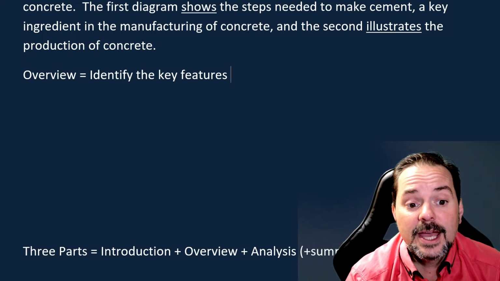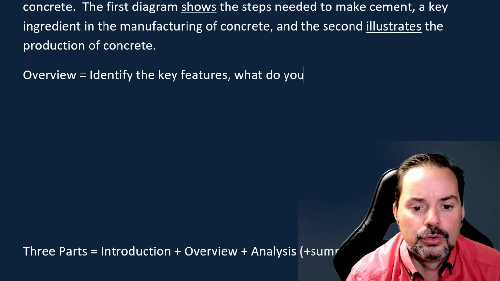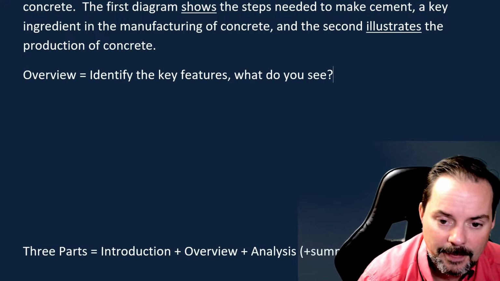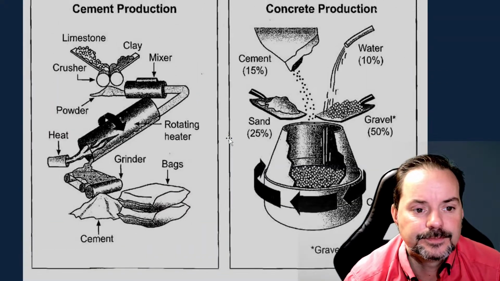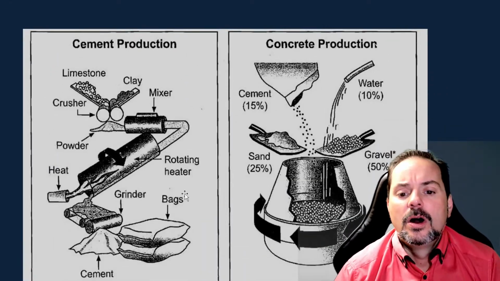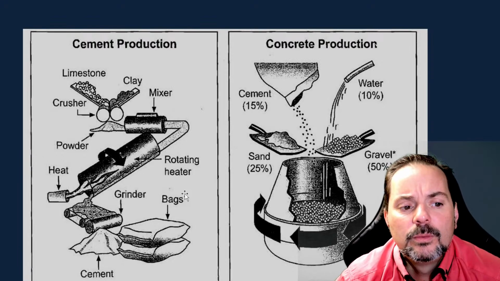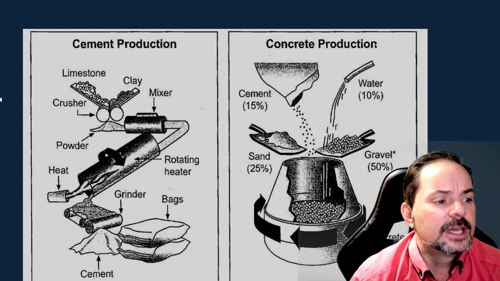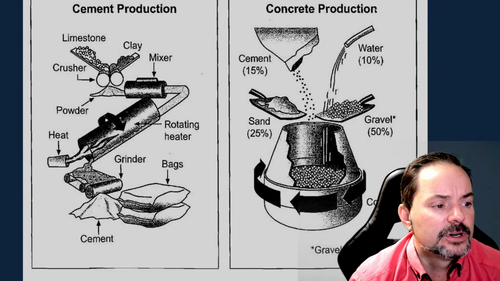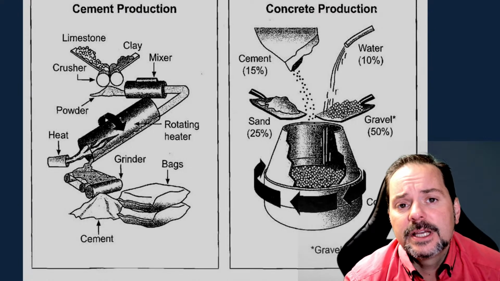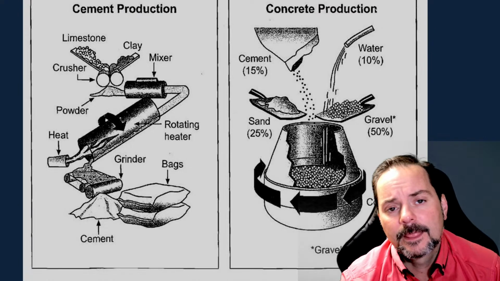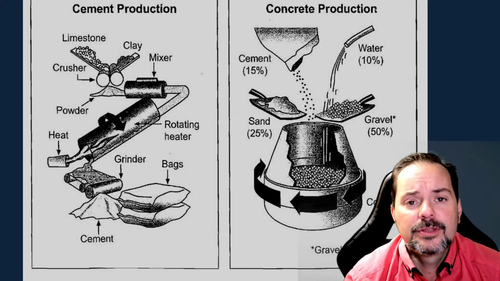So, okay, what can you see? What do you see? All right. What do we see? Let's take a look at cement production first. And again, simple is beautiful. If it looks confusing, you're thinking too hard.